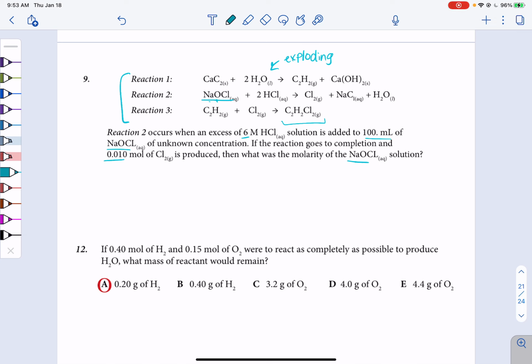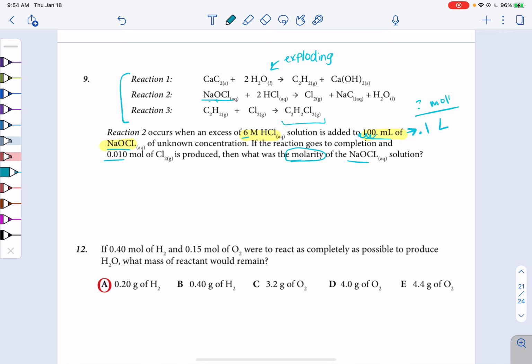All right, so reaction 2, we have a lot of givens here. We have 6 molar hydrochloric. We have 100 mils of this. So just by looking at it, I have the liters part of the concentration because I want molarity, 0.1 liter.